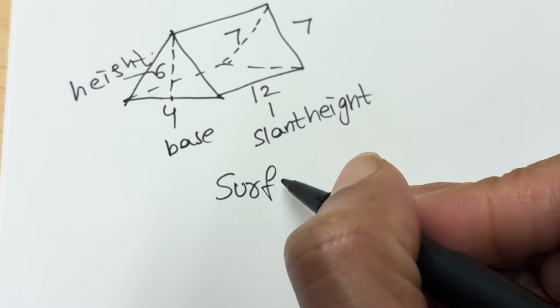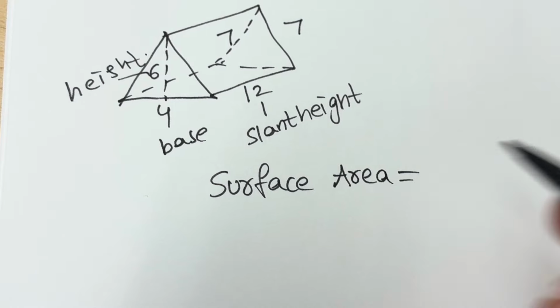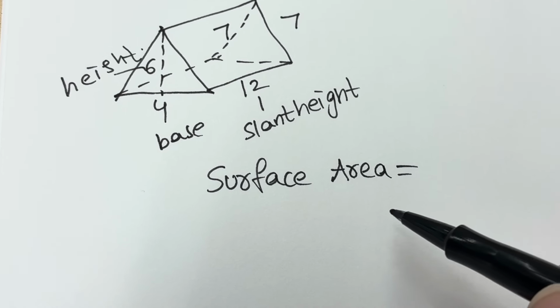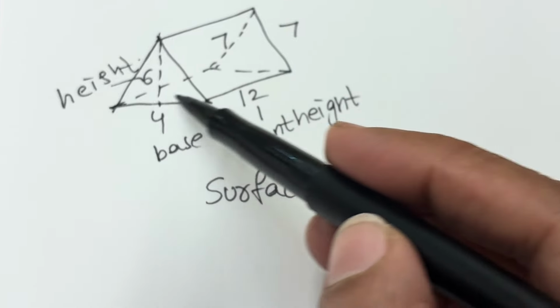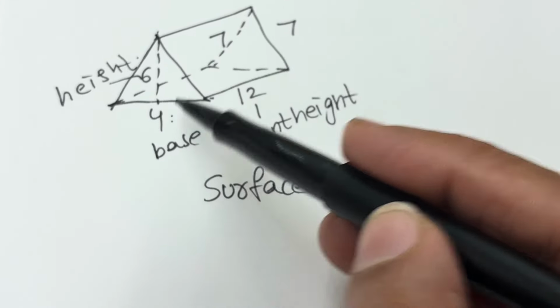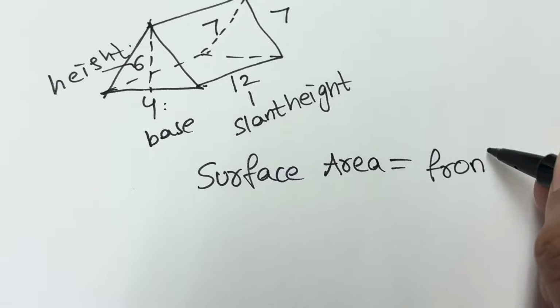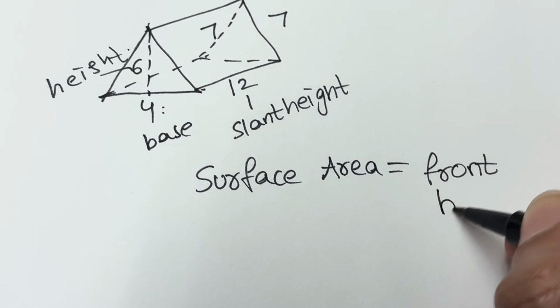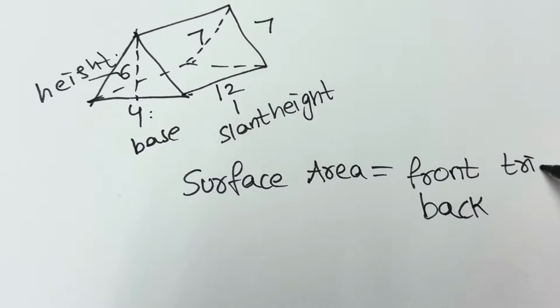So the formula for surface area becomes, we need to add all the areas in this surface. When you closely observe it, we get 2 views from front and back for this triangle. So for my surface area, I'm going to add my front portion, and for my back portion of the triangles here.